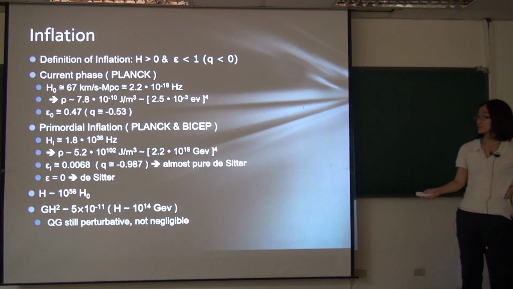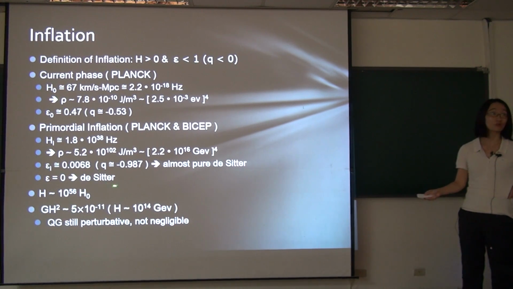So the differences between primordial inflation and the current phase: first, the energy scale is much higher. Second, this deceleration parameter is more negative, so it's doing so far the maximally accelerated expanding space-time. And you can also infer this slow-roll parameter epsilon is almost 0.